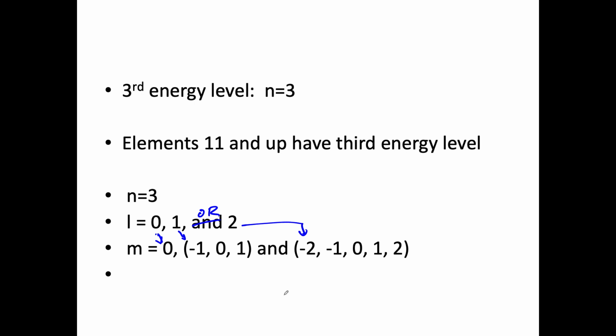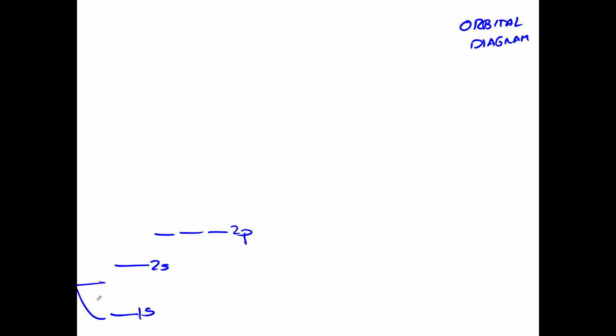So what's this look like for the energy orbital diagram? So here's my orbital diagram. All right, 1s, 2s. Now we got the 2p. We always move it up and to the right. So this is the 1st energy level.